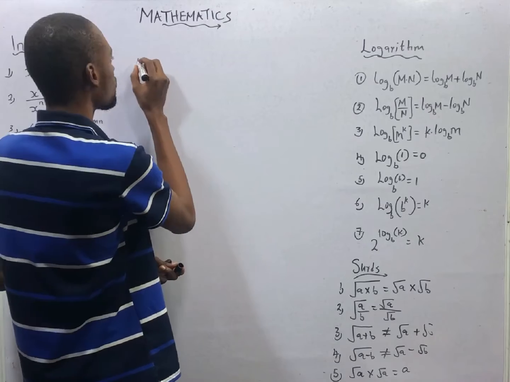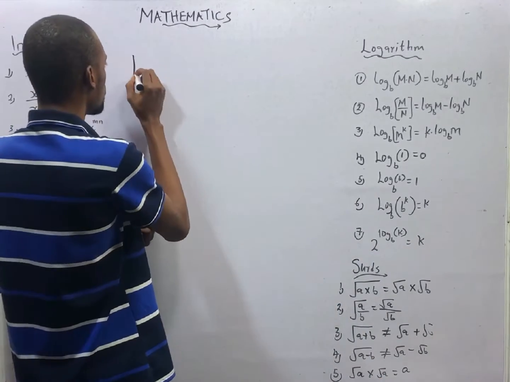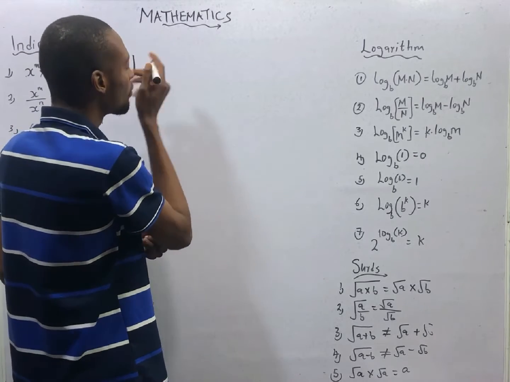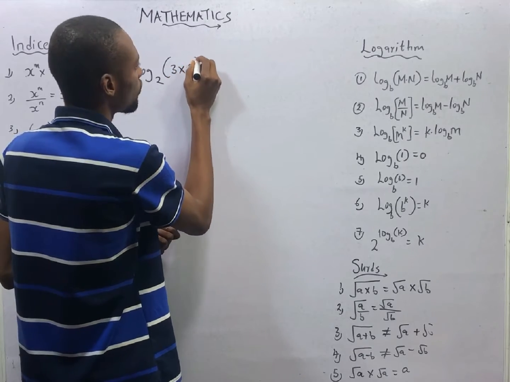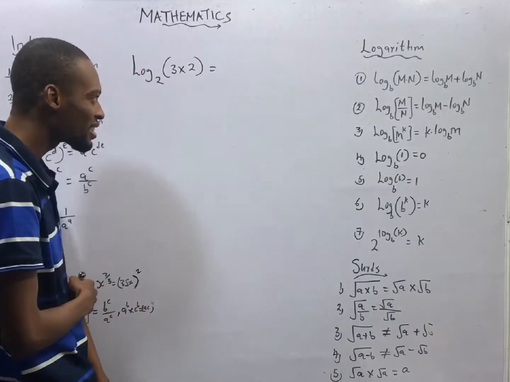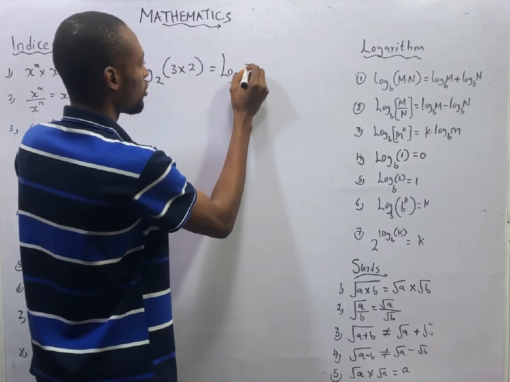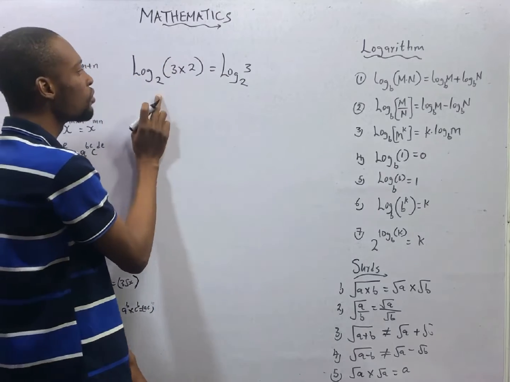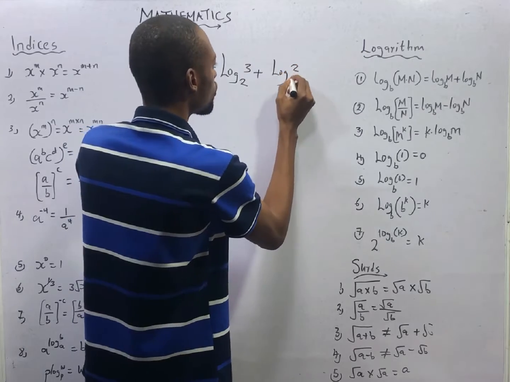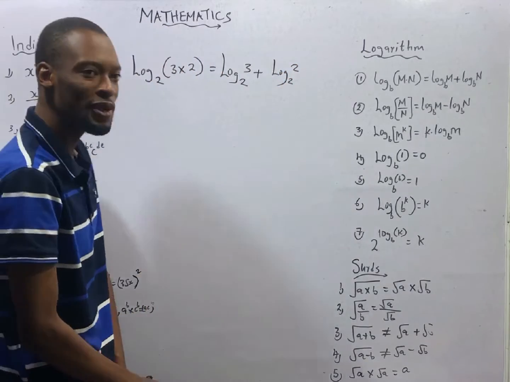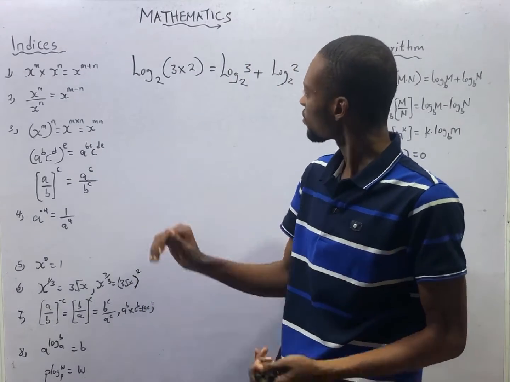If you say log 3 times 2 to base 2, this is the same thing as log 3 base 2 plus log 2 base 2. That is what the first law is trying to tell us. This is the law of multiplication.